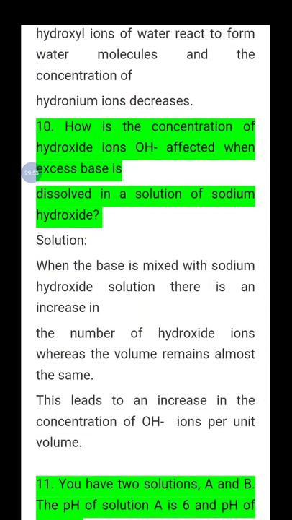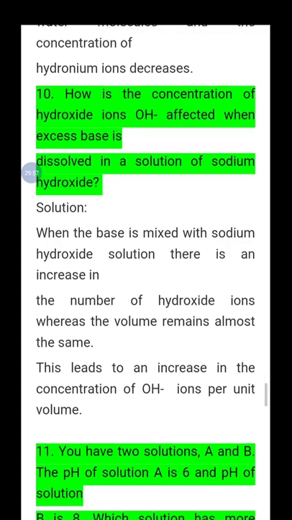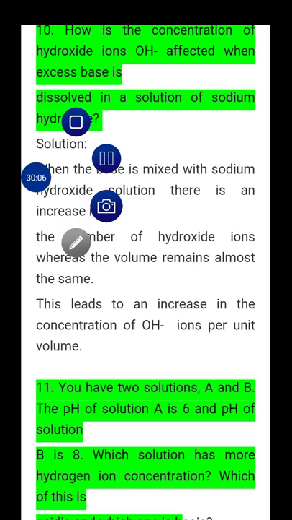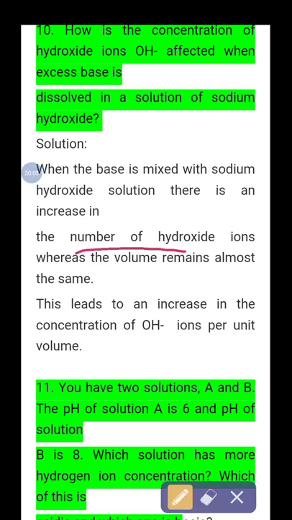How does the concentration of hydroxide ion change when excess base is dissolved in a solution of sodium hydroxide? When the base is mixed with sodium hydroxide solution, there is an increase in the number of hydroxide ions. So the concentration of OH ion per unit volume is increasing.